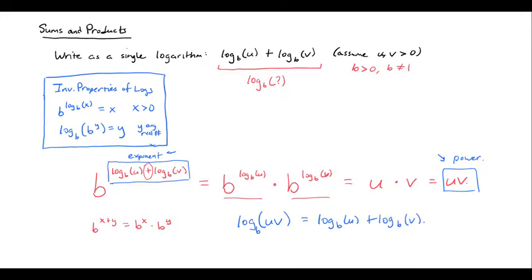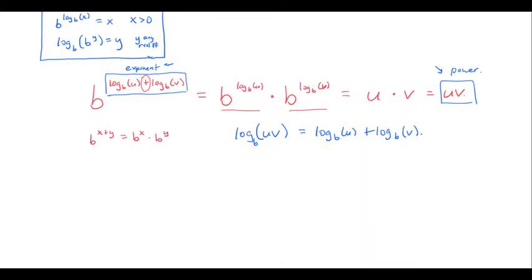Okay. Now, if that last step didn't make sense, which is kind of a tricky step, there is another way that we could reach this conclusion. We could take this equation that we've developed, which says that b to the log base b of u plus log base b of v is equal to u times v. This is known because those are the two things we got equivalent in the previous few steps.